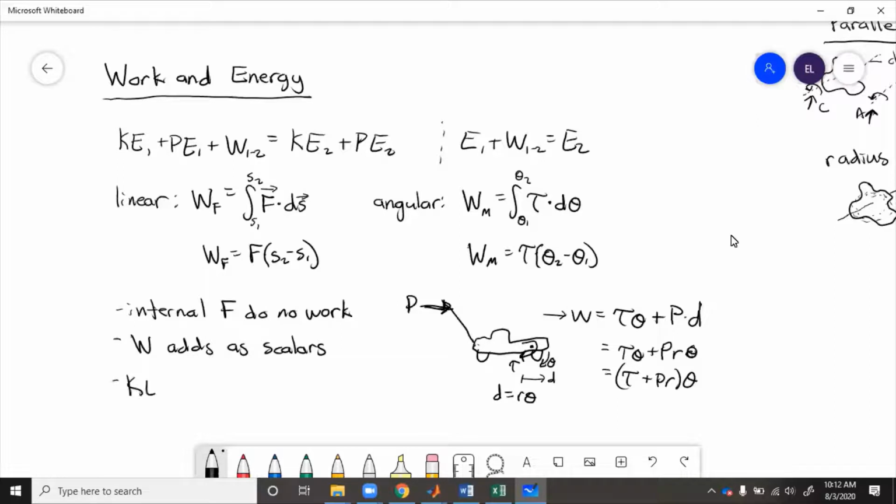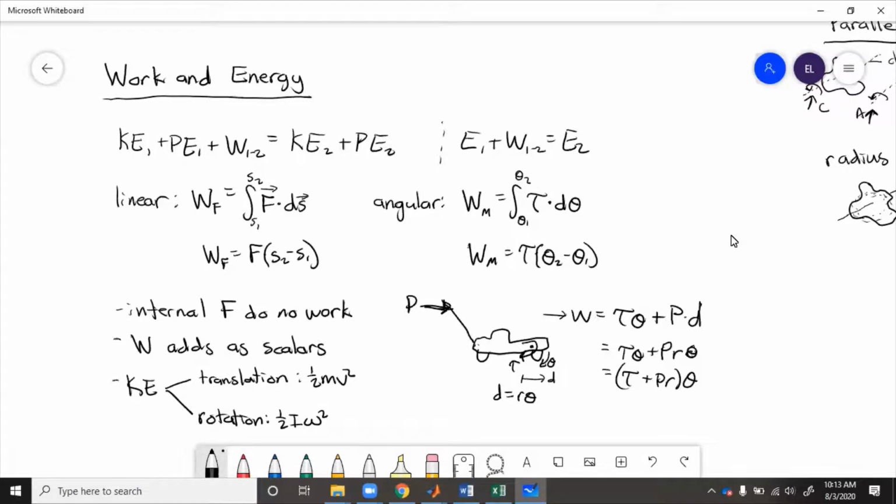Now, kinetic energy is going to include translation, ½ mv squared, and rotation, ½ I omega squared. Now, if there's no translation, then v would be 0. If there's no rotation, then omega would be 0.